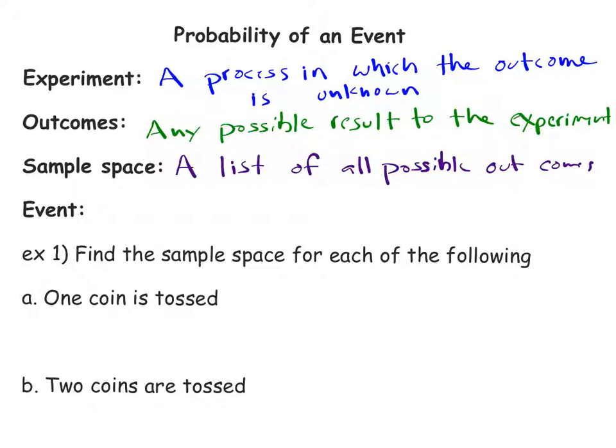Outcomes are any possible result. Okay, a sample space, and that's what we're going to start with, is generating sample spaces, is a list of all the possible outcomes. And an event is the outcome we're looking for.